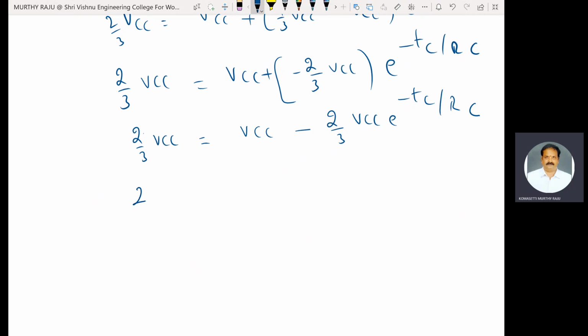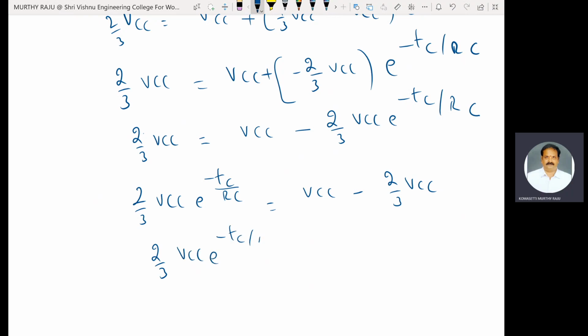Here, bring this side 2/3 VCC e power minus t by RC is equal to VCC minus 2/3 VCC. So 2/3 VCC e power minus TC by RC equals 3 VCC minus 2 VCC, that is 1 VCC by 3.